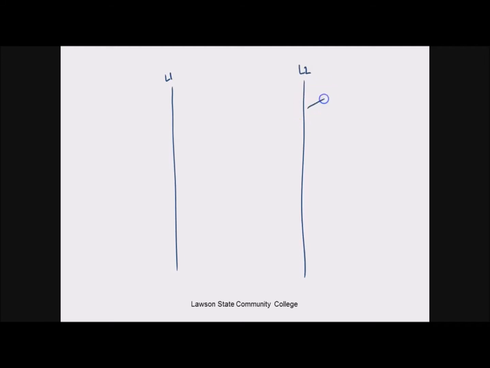Now, we consider L2 to be either the ground or the neutral, or the common or the neutral, whichever. And then what we do is we connect circuits. We put a dot right here. And then we come over here and we connect the circuit. So let's say I come over and connect this circuit.